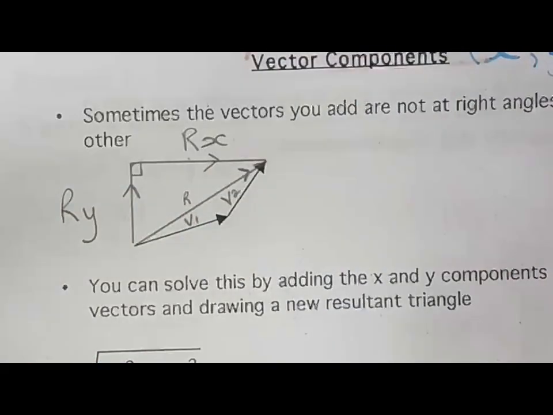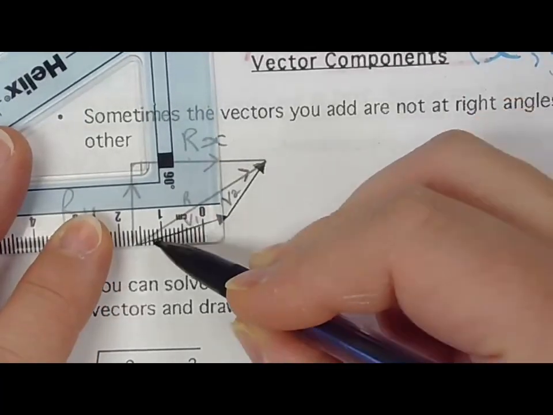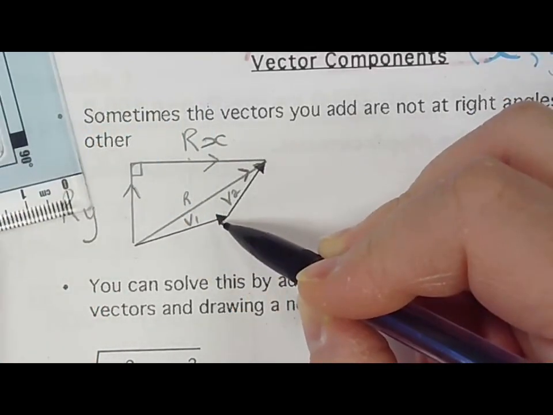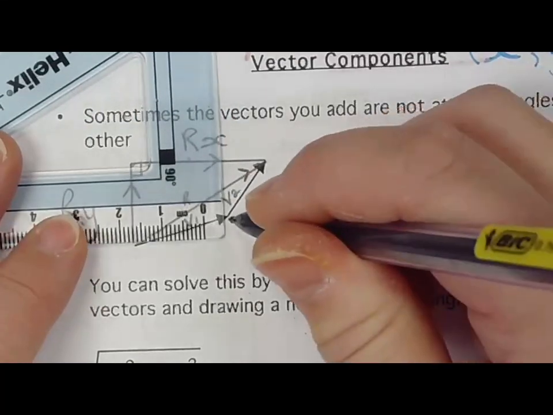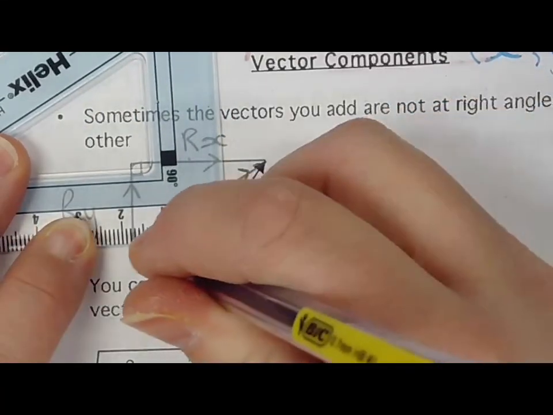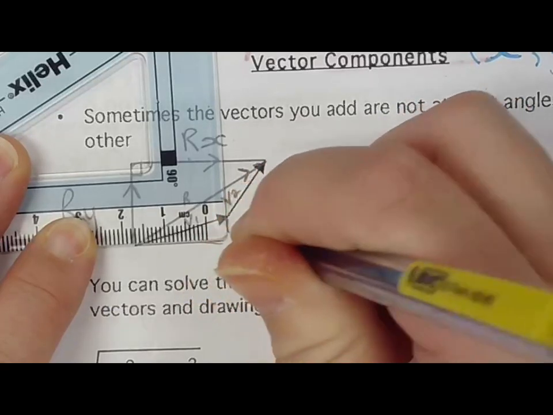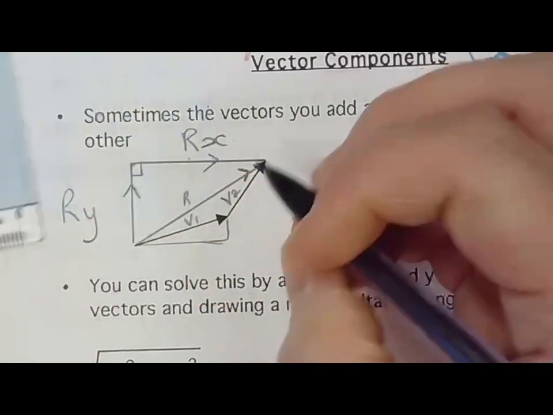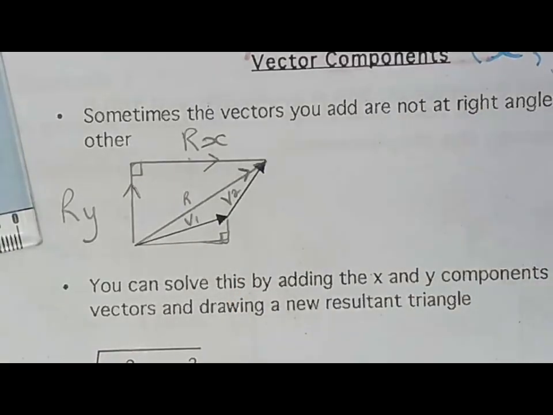I'm going to use my triangle again, or my square edge, to make this little tiny V1 also into a right triangle. So I'm just going to line it up. I'm not doing a scale diagram, so I'm not going to be really, really fussy. But this is the gist of it.